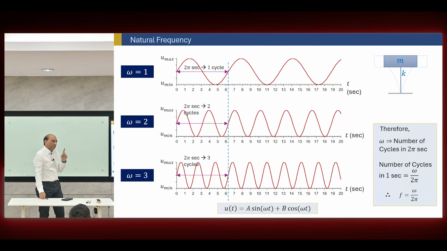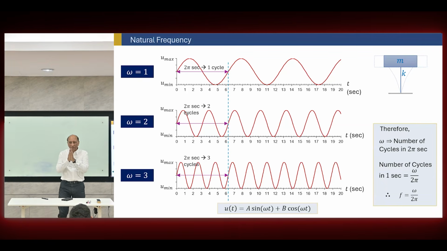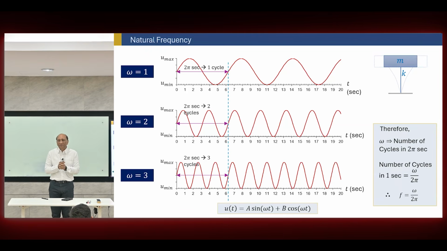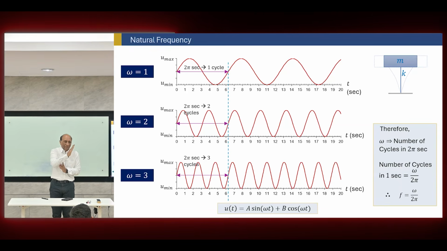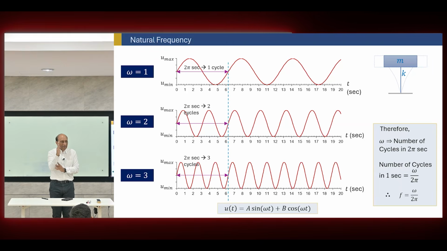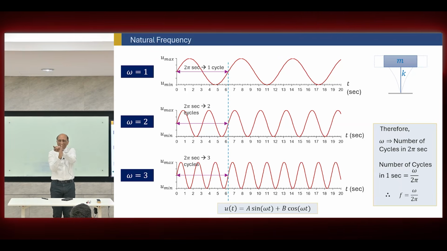Now, look at the structure. Let's say the structural natural period is 4 seconds, right? Which means in 4 seconds, it will go and come back to the same position. But it also depends on how far it goes and how far it comes back.